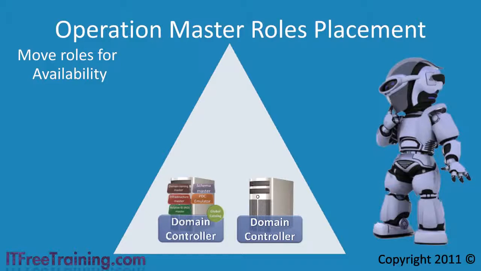When choosing which domain controllers to put which Operation Master Roles on, you should also consider how much load the server is going to be put under. Some Operation Master Roles put more load on the server than others. If you have a busy server that handles a lot of authentication requests, it may be best to put the Operational Master Role on a domain controller that is used less.